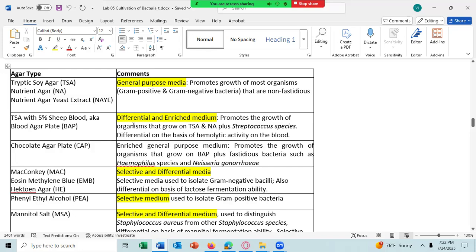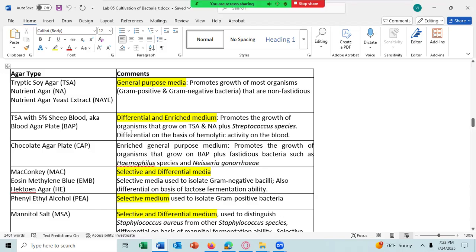And then there's blood agar. It is an enriched medium, so you can grow some fastidious organisms like most of the Streptococcus species. And it's just the red blood cells that make it an enriched medium. It's also differential because you can use the blood agar to differentiate among the species' hemolytic pattern, whether it's beta hemolysis, alpha hemolysis, or gamma hemolysis.